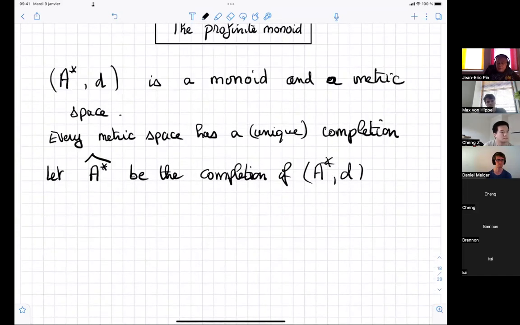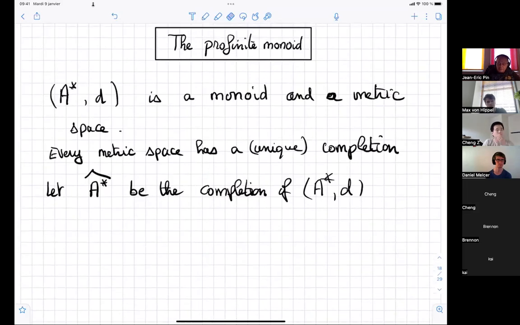So the profinite monoid is just the completion of A star with the metric d. As I told you, it's rather difficult to explain what it is. It's not like when you construct the real numbers, as the completion of Q, where every one of you knows what a real number is. The problem with A star hat is that I have no such description. The limit points are going to be infinite words, right?